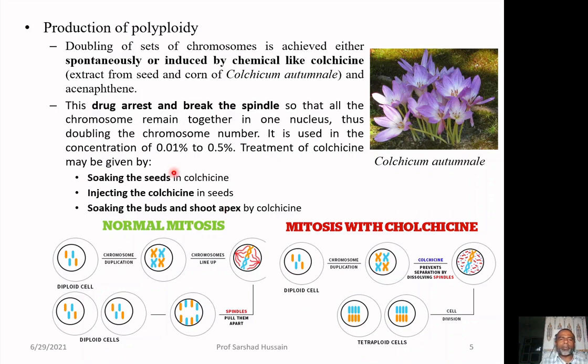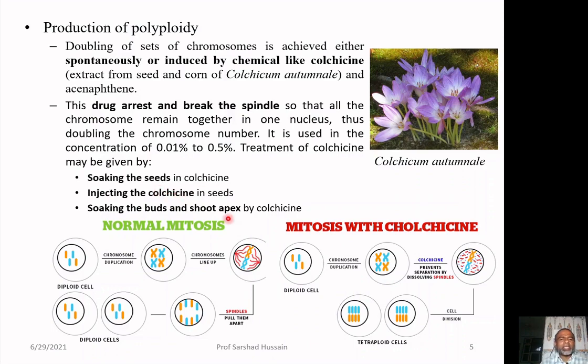So, you can treat the cells with 0.01% to 0.5% colchicine. Either you soak the seed in colchicine, or you can inject colchicine into the seeds, or you soak the buds of the plant in the shoot apex.